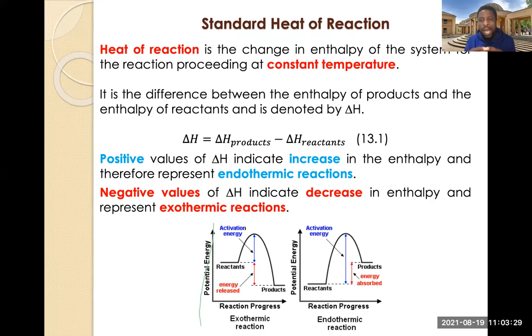To cast our mind back to what we saw at the beginning of the year, remember, you have a system and a surrounding for the system. So in an exothermic process, you have heat within the system, the temperature is increasing, and based on that, heat is released into the surroundings.